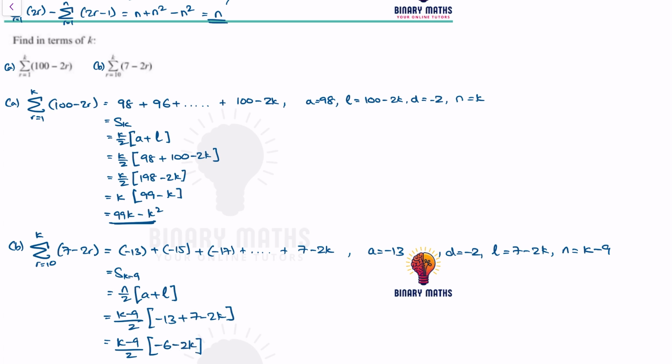We divide the inside of the bracket by 2, and you end up with k minus 9 times minus 3 minus k. If you expand this bracket, you get positive 27, plus 9k minus 3k gives me plus 6k, and then I get minus k squared.